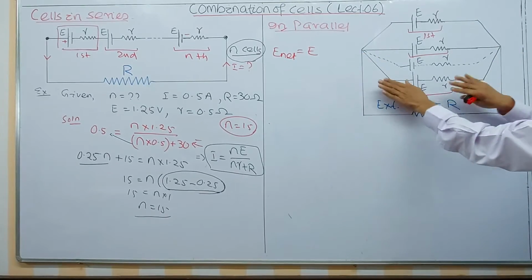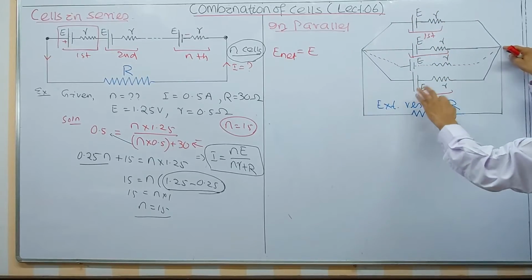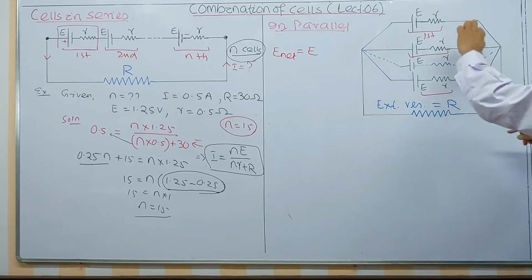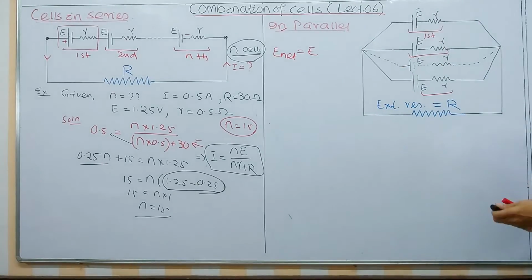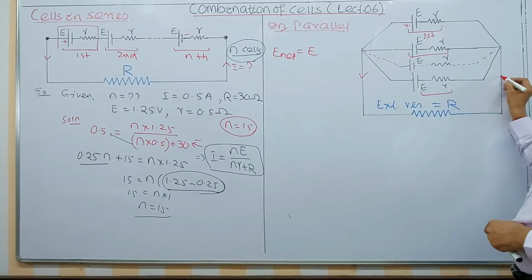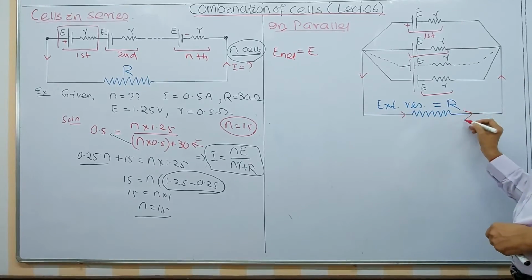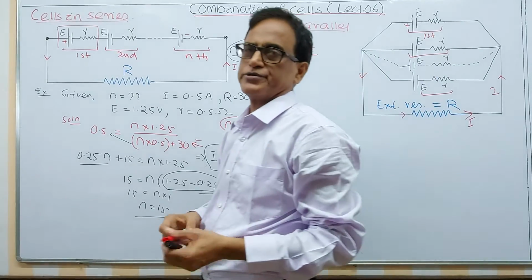Forget about the external resistance, anything can be connected here. These are the terminals of this combination, and we want to find the total resistance and total EMF of this, such that since this side becomes positive, we can get the current flowing across this resistance as I, and we want to get an expression for current.